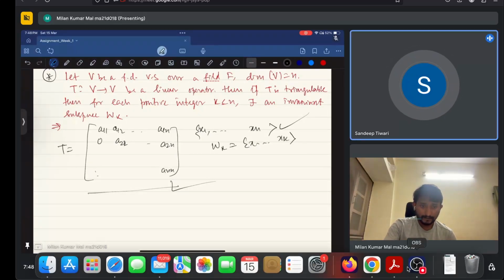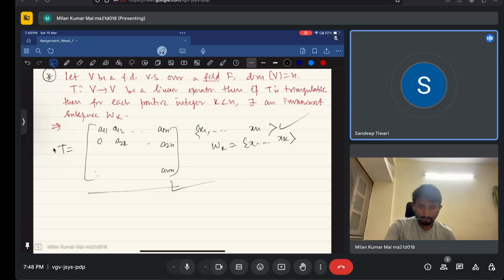Sir, can we define a triangulable operator as: there exists an invertible matrix P such that P inverse AP is triangular? That's true, we can define it that way, there is no problem.